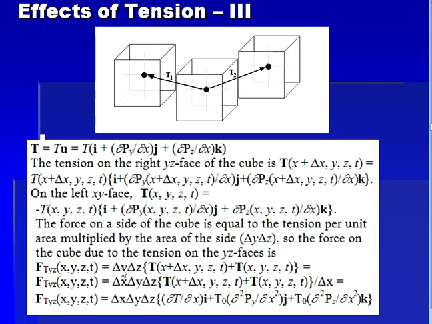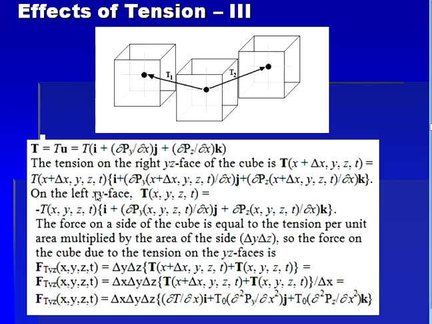We can now take this expression and multiply and divide it by delta x, and then we can form the expression as we let delta x go to 0. If we look at the x component of the force, as delta x goes to 0, we'll have the magnitude is T of x plus delta x, y, z, and t, minus T of x, y, z, and t.